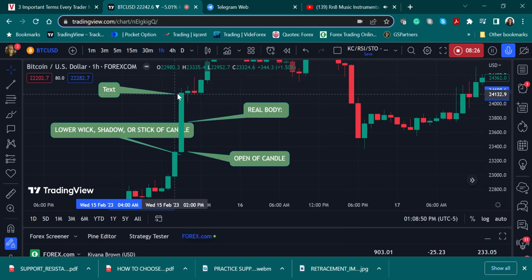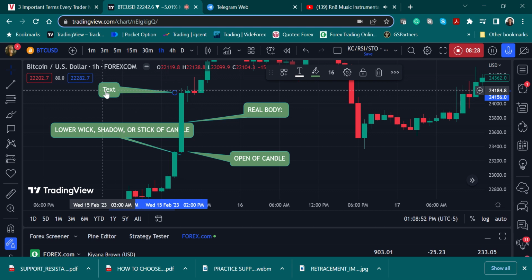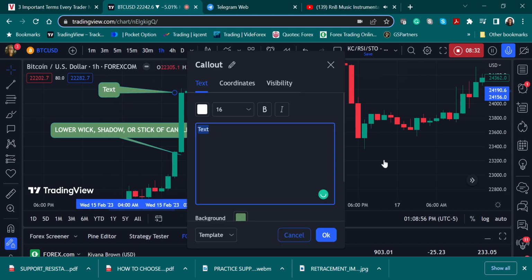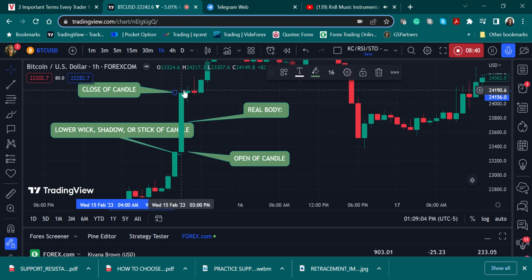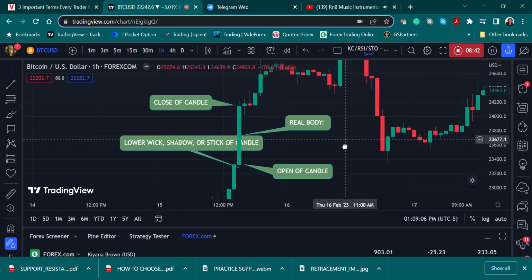This is the close of the candle. And then this little piece is what we would call the upper wick.